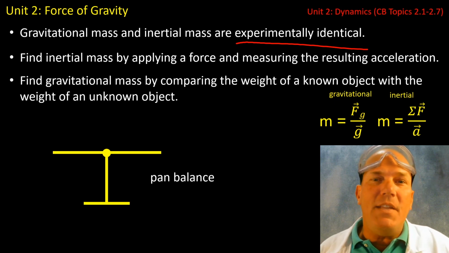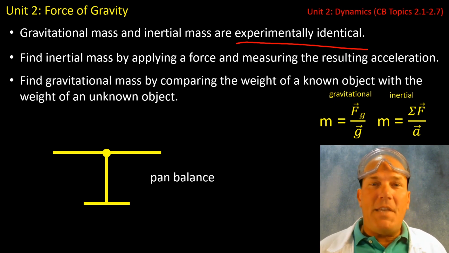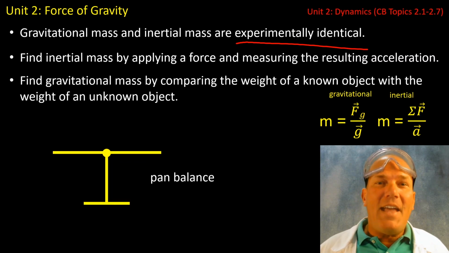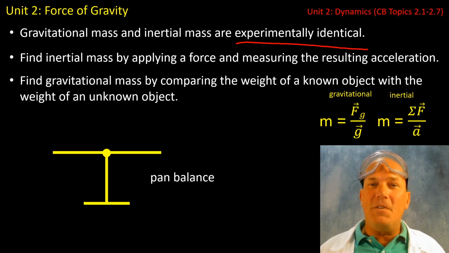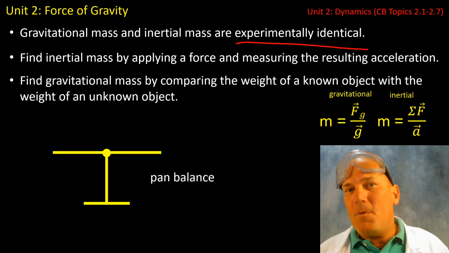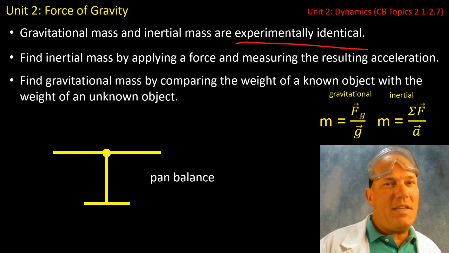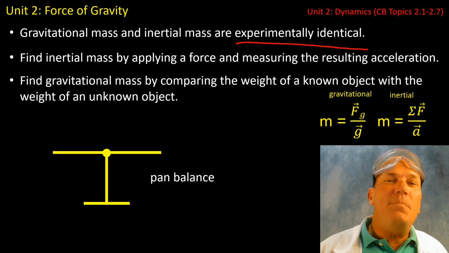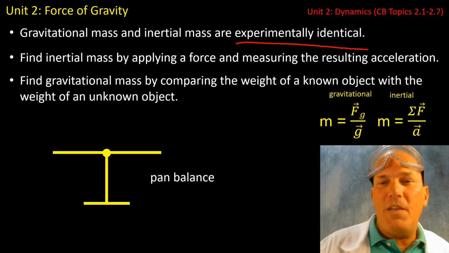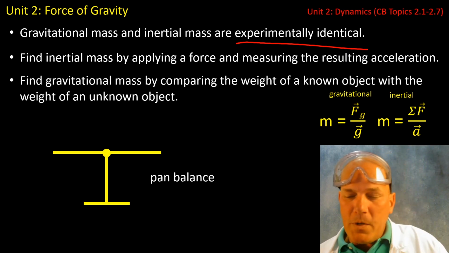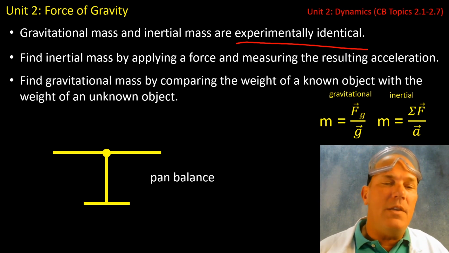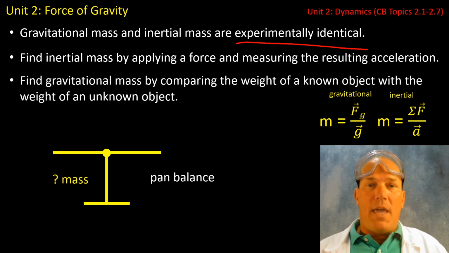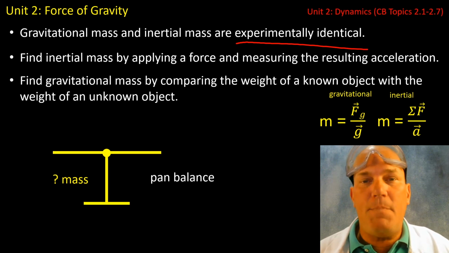If you want to design an experiment here, let's say on planet Earth, where we are under a nearly constant gravitational field of 9.8 meters per second squared, then both objects are experiencing that same acceleration due to gravity. So really, what I'm going to do here is I'm going to take an object of unknown mass and place it onto this pan balance.